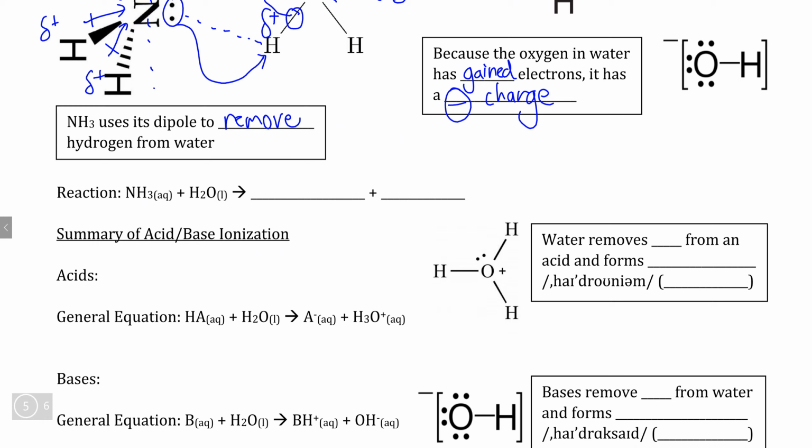If we put this reaction into writing, we say that the nitrogen on NH3 is going to take an H+ away from water and therefore give us NH4+ when it is added to water, and we can tell that this compound is acting as a base because we produce OH minus, the hydroxide ion, as a result of this reaction.